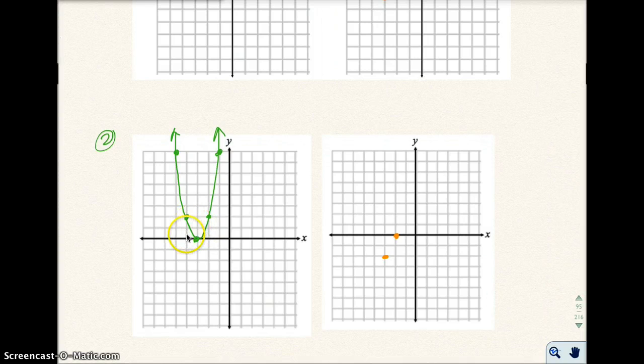Down 2 units would go right there. Okay. Down 2 units right there. And this down 2 units would be right here.